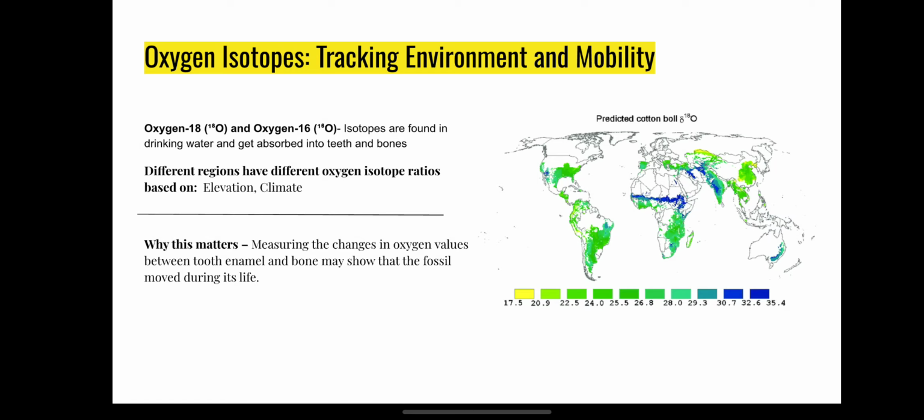Tooth enamel locks in the oxygen signal from early life, while bones update it as a person ages. So if we see a change in oxygen isotope ratios between a person's teeth and bones, we can tell they moved during their lifetime. This is useful when it comes to tracing migrations of ancient humans and environmental changes as well.